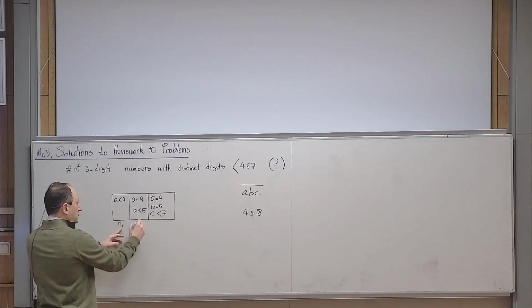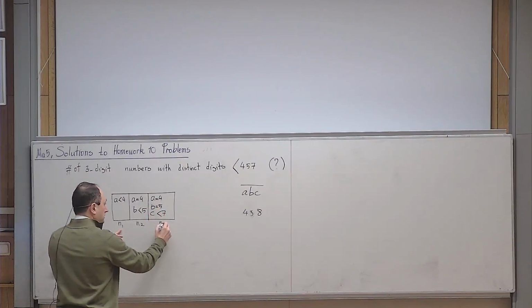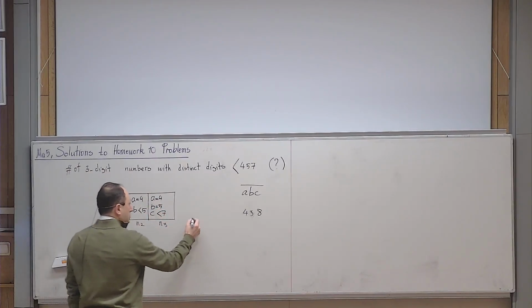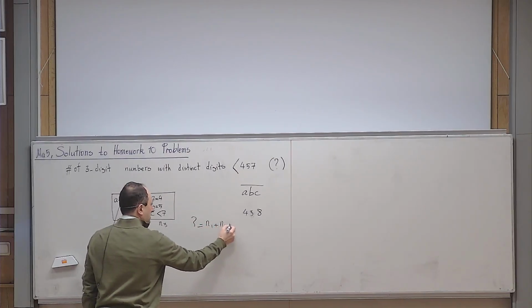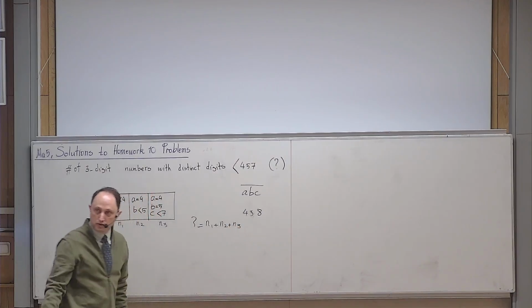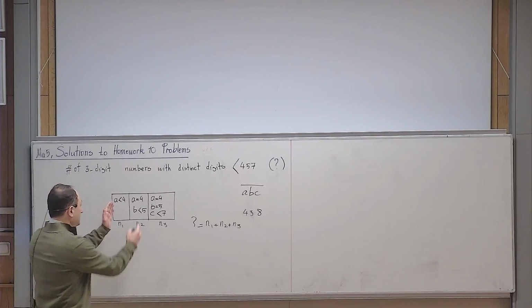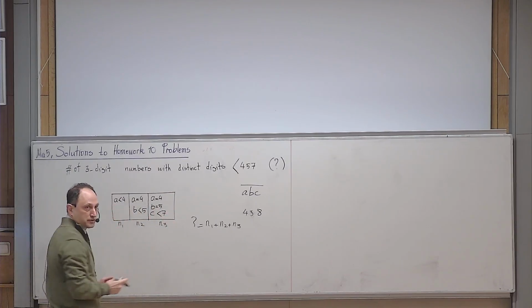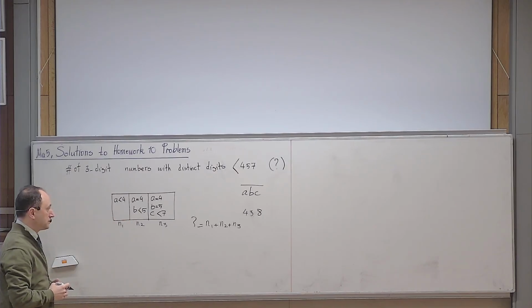If I know how many of them are here, let me call it N2. And if I know how many are there, N3, the answer to the question mark naturally is what? N1 plus N2 plus N3 by the sum principle. And for the sum principle, it is important that there is no overlap between the parts. Okay, so that's why I was thinking about not having any overlaps.